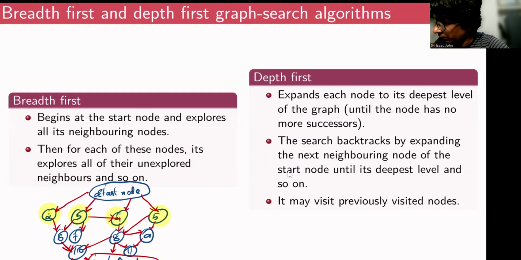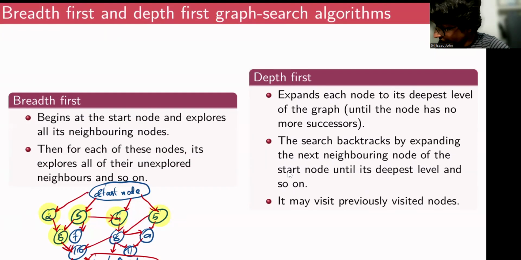And then we'll move into the next level, right? This level has already been explored. Then we'll explore this level of nodes. Now for node 2, the only neighbor it is connected to is node 6. So then we'll explore node 6, right?